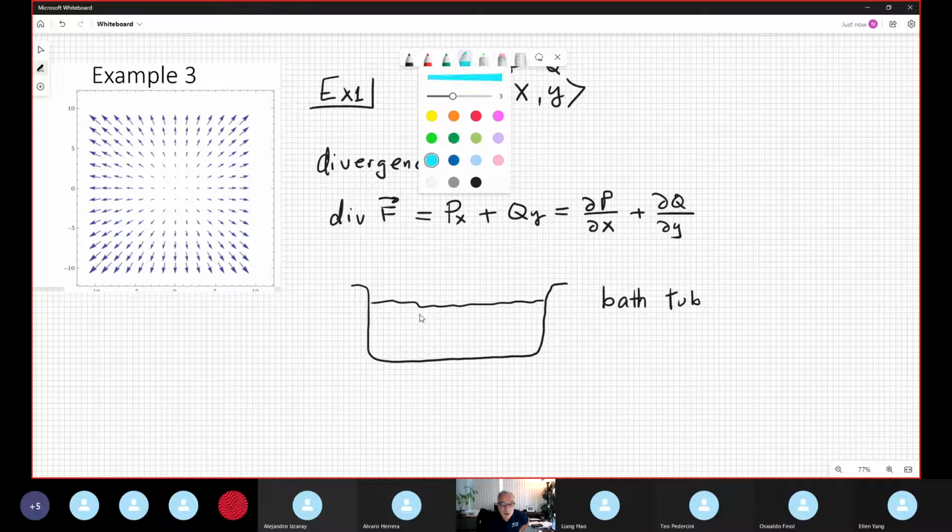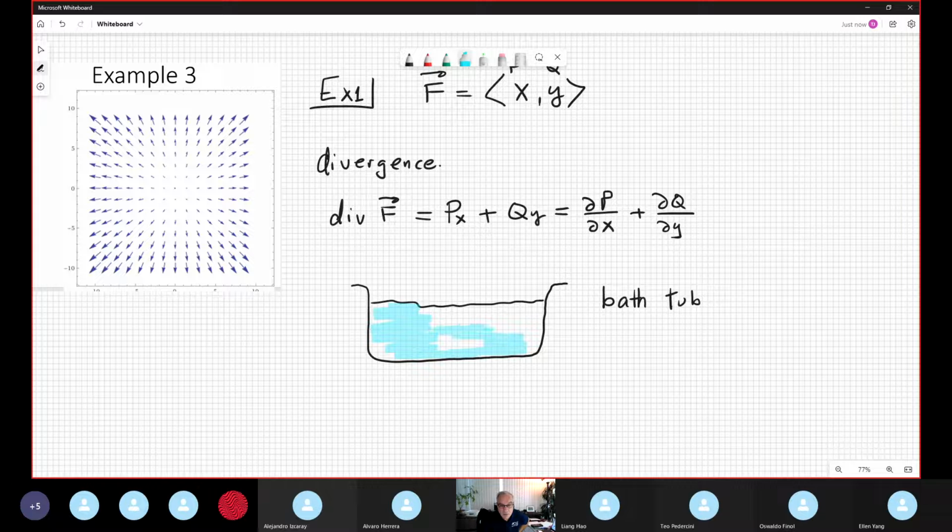Then we have here, let me try to do my best skill in drawing, a faucet. And this faucet puts the water inside the bathtub.